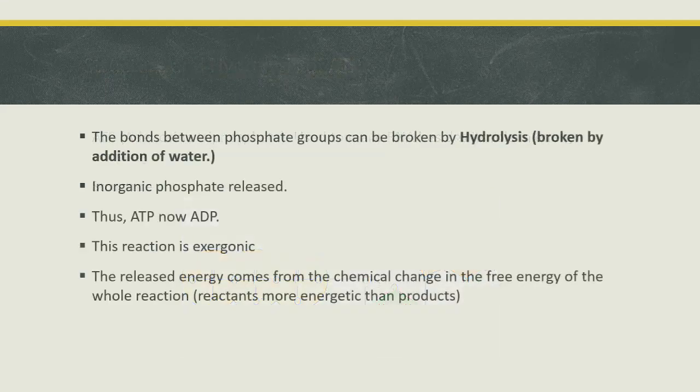Let's go ahead and talk a little bit more about breaking things. The bonds between phosphate groups can be broken by hydrolysis, and hydrolysis just means breaking by the addition of water. Inorganic phosphate is released when the bond between phosphate groups is broken.